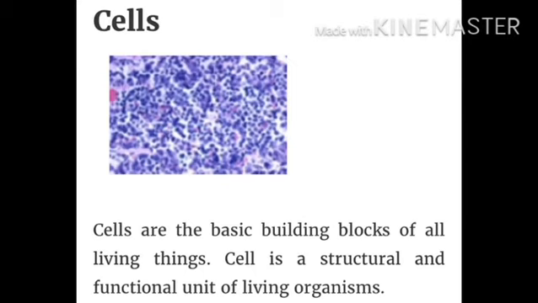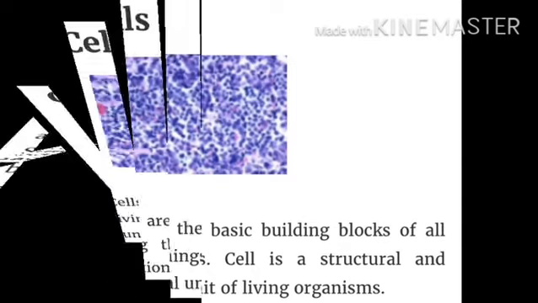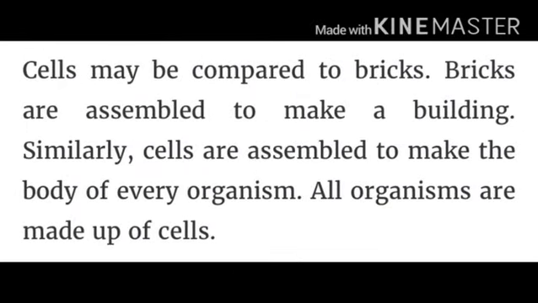A cell is capable of performing all biological activities in any living organism. Thus, a cell is a structural and functional unit of life. A cell may be compared to bricks. Bricks are assembled to make a building. Similarly, cells are assembled to make the body of every organism. All organisms are made up of cells.